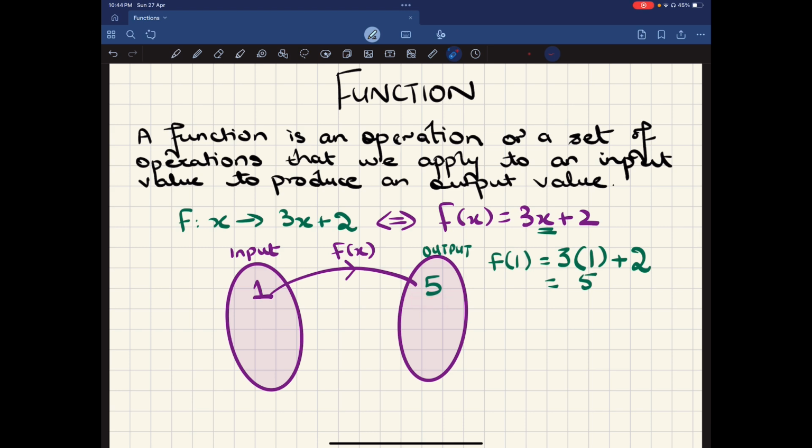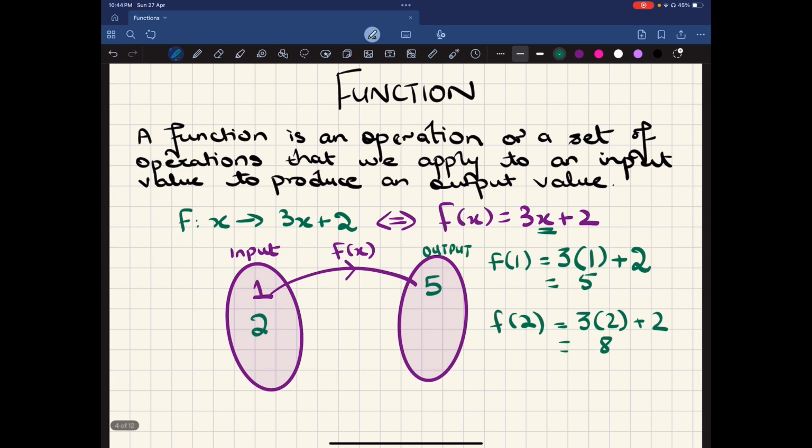So to find the value of a function, substitute the number or expression in the bracket for x in the formula. Let's do a couple of examples here. For f of 2, we're going to substitute 2 in place of x in the function. So we will get 3 times 2 is 6, plus 2, 8.